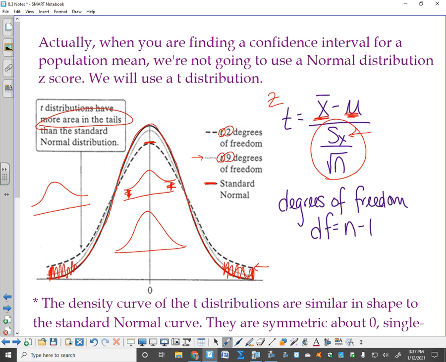Notice that I have S sub x instead of sigma because I don't know mu. Degrees of freedom, you're going to write as DF, and degrees of freedom is n minus 1. It's always 1 less than the sample size. So if your sample size is 30, you're going to write degrees of freedom equals n minus 1, 30 minus 1, 29.